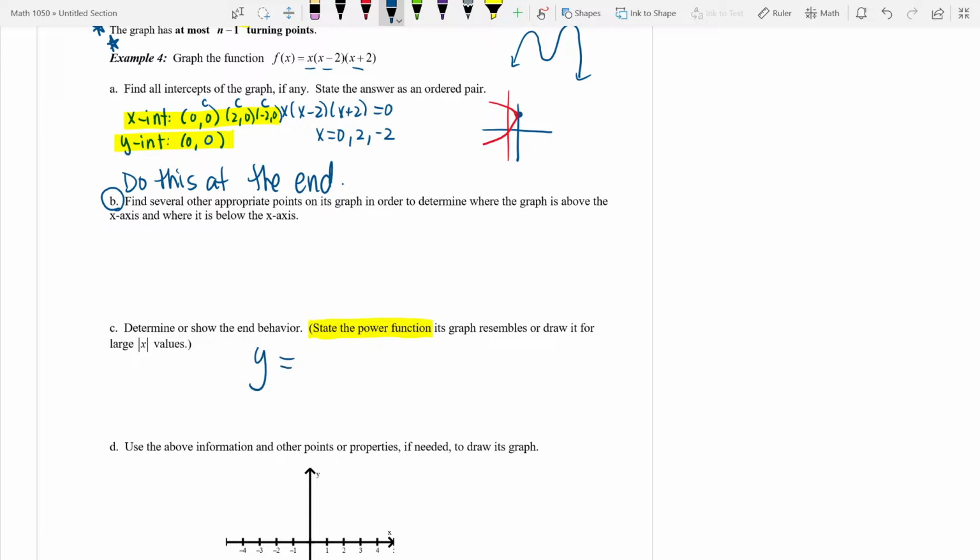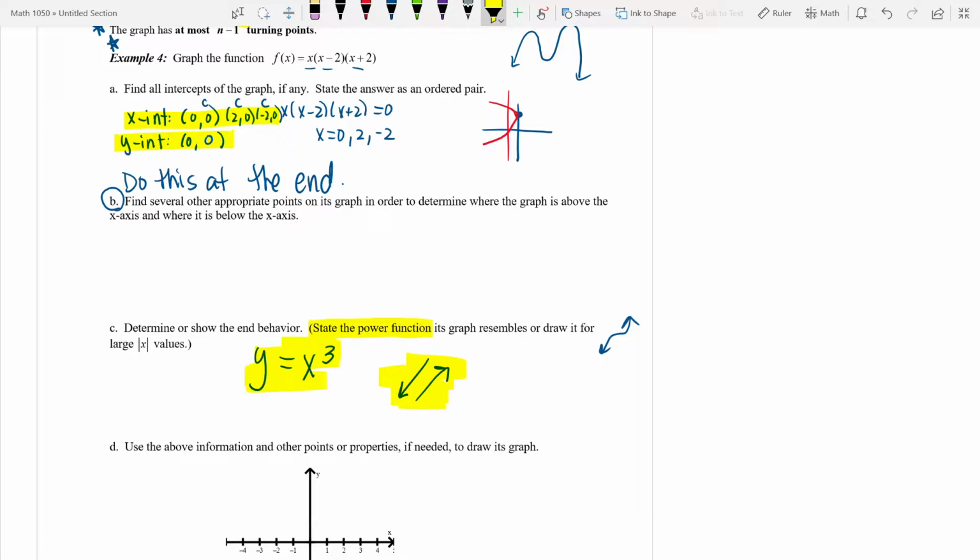So my power function would be y equals x to the third. And you'd actually have to state that. And then you guys know that a cubic looks like that. So my end behavior would be left down and right up. And both the y equals x to the third and the arrows would be part of the solution.